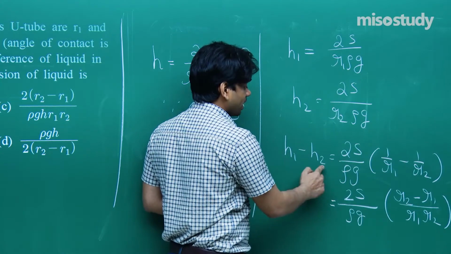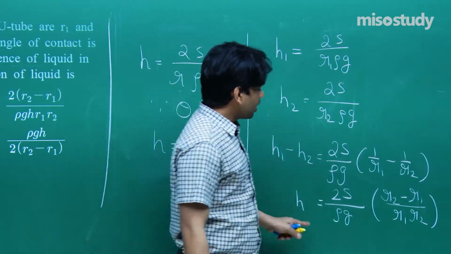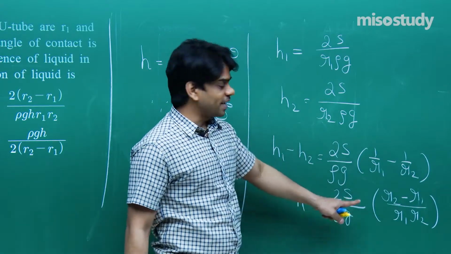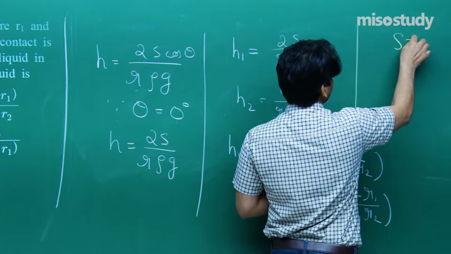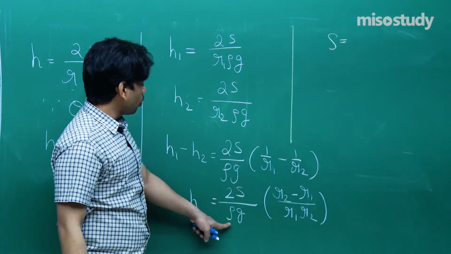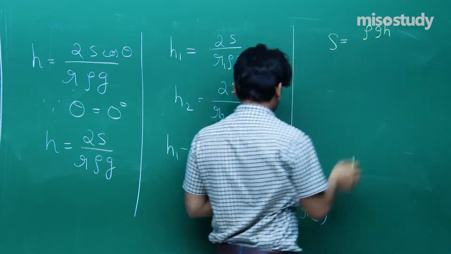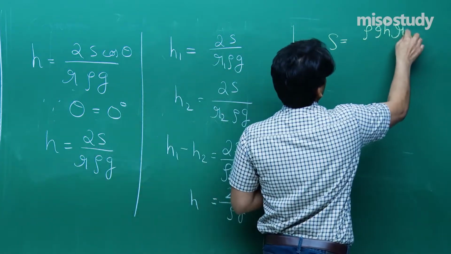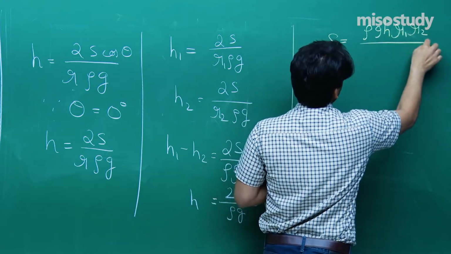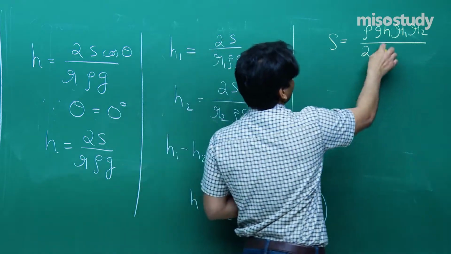Clearly this difference in the height is given as h, so h will come out to be this, and we need to find out the value of surface tension S. So S comes out to be from this formula. S is the subject, so rho g h, this r1 r2 will go in the numerator, multiplied with r1 r2, divided by 2, and you will be having r2 minus r1.